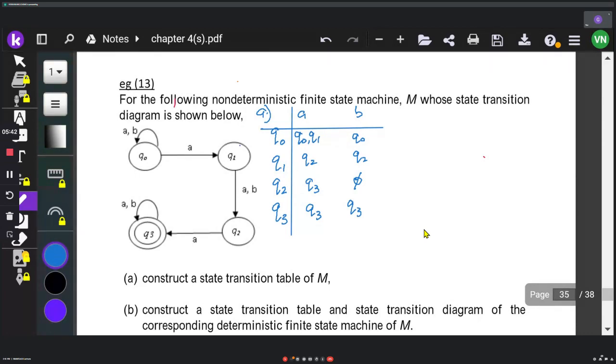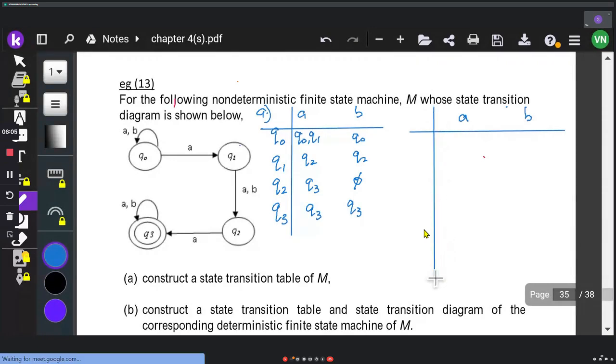As yesterday, we will see what states we have after the input A and B. Okay, so we write here. Do we need the empty set? Not necessary. If not necessary, you can ignore it.